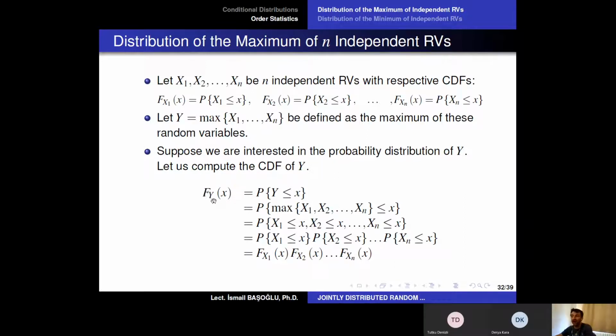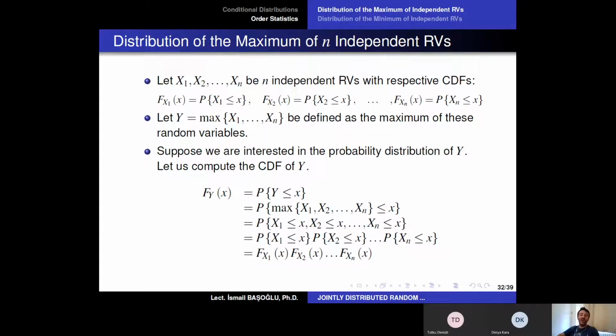The CDF of y at x, which is the probability of y being less than or equal to x. And because y is defined as the maximum of all of these random variables, we write the maximum of all random variables to be less than or equal to x inside the probability statement. And you know, for the maximum of these random variables to be less than or equal to x, we need what? We need all of them to be less than or equal to x.